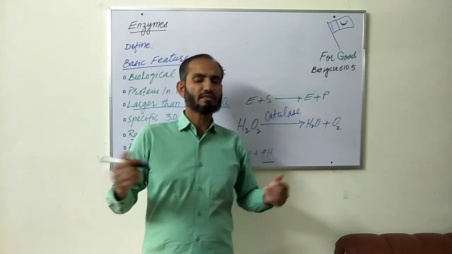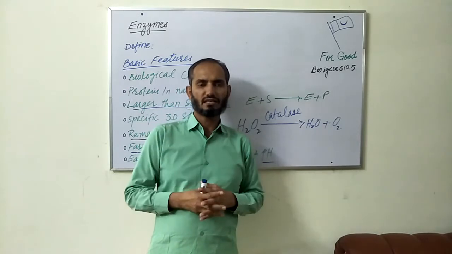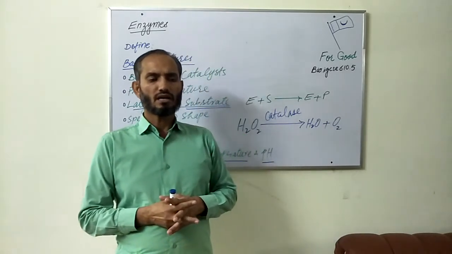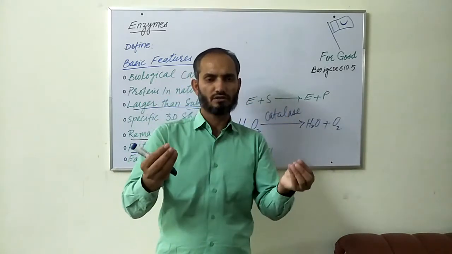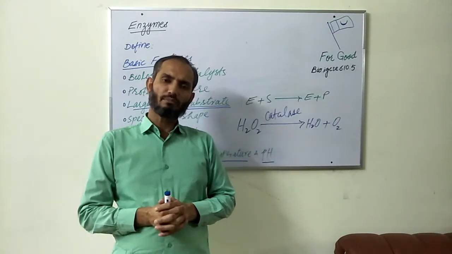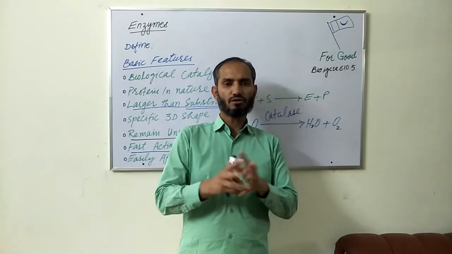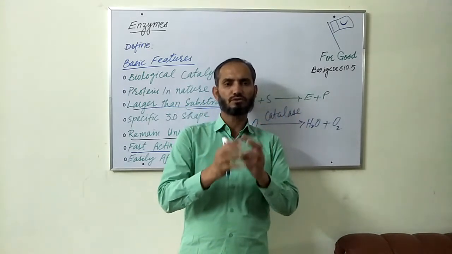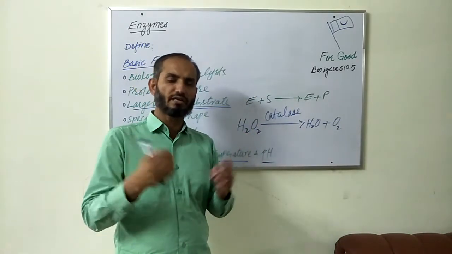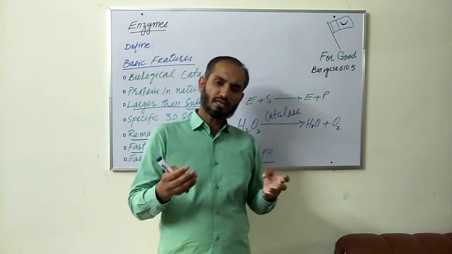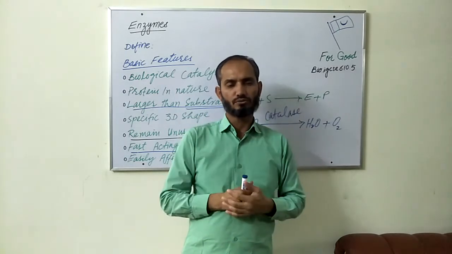Apart from these basic features, there are some other points related with the enzymes. There are some enzymes which are breaking larger substrates into smaller substrates. This type of chemical reaction is called catabolism. The breakdown of larger molecules into smaller molecules is called catabolism. So there are some enzymes which are catabolic in nature, while in some other chemical reactions, small molecules are joined with each other to make larger molecules.